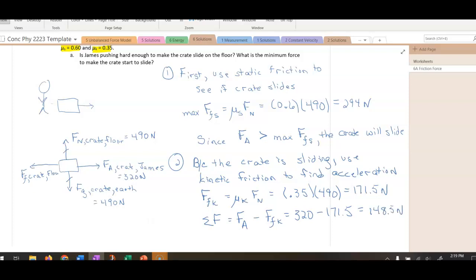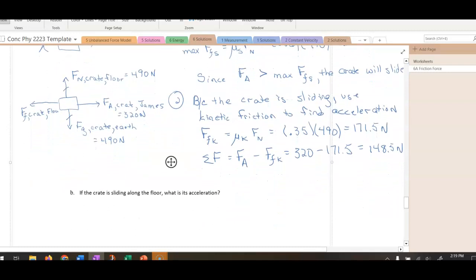And so now that I have the net force, I can find the acceleration. The acceleration would be the net force divided by the mass of the crate, which is 148.5 newtons divided by 50 kilograms, which would be 2.97 meters per second squared.